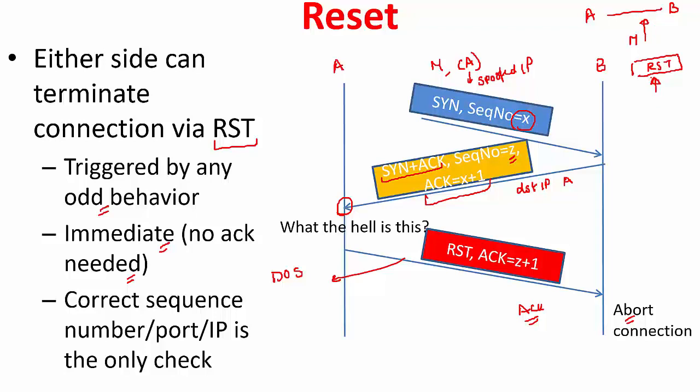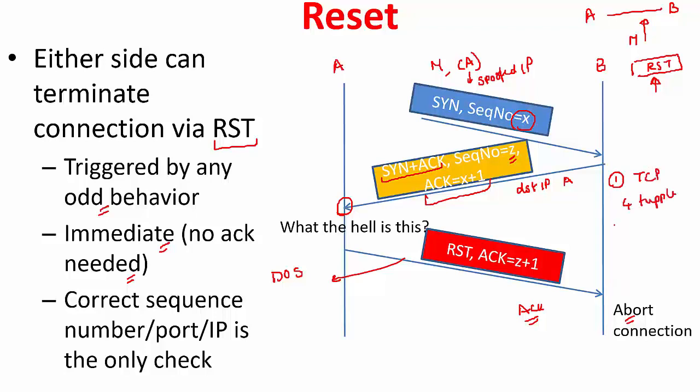In the construction of this reset packet, if you are not careful, B will not accept the reset packet. In order for B to accept this particular reset packet, certain fields have to be properly filled. What are those? So the first thing you should note is that a TCP connection is identified by a 4-tuple.